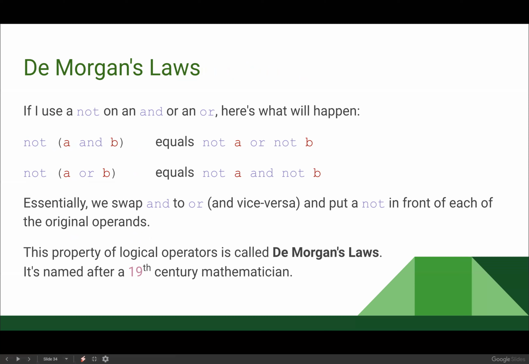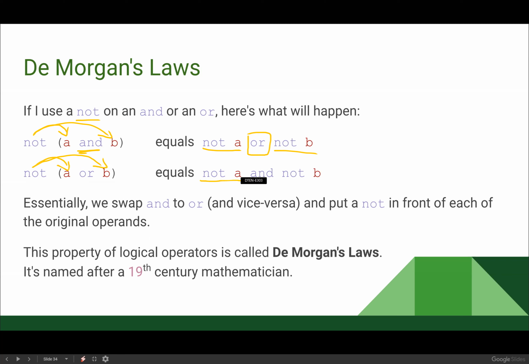You could probably figure it out intuitively, but I'm telling you because it's a little confusing. If I use a not with an and or an or, here's what happens. We're kind of going to multiply the not into our operation. So not (A and B) is going to equal not A or not B. The and is going to get flipped into an or. And if we use not on an or, we're going to still multiply in our not.